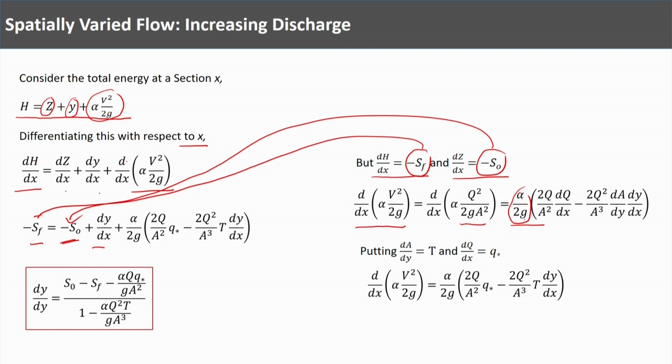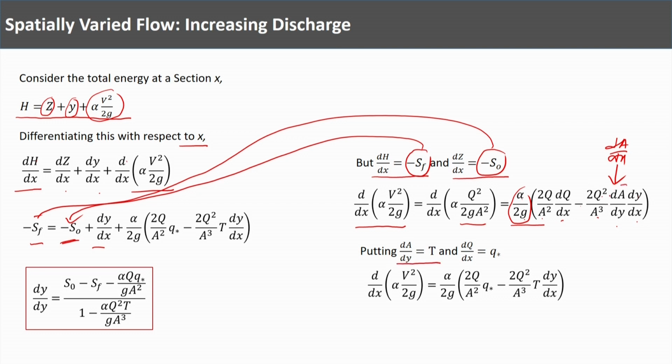So, this is constant, so I am taking it out, and if I take the derivative, then 2q by A square dq by dx minus 2q square by A cube dA by dx. But I am writing dA by dy and dy by dx. Now dA by dy is T. Okay.